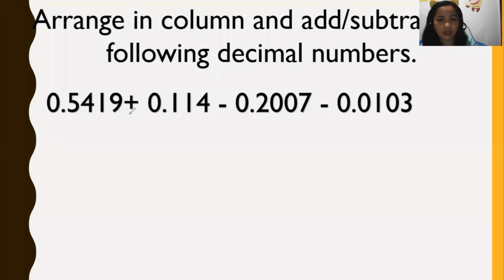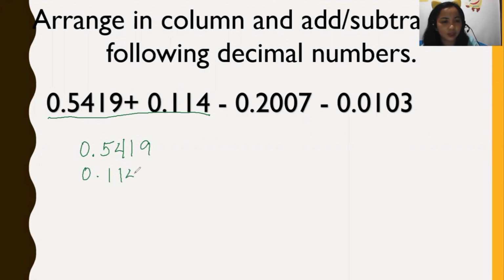Sabi nga, from left to right, sa PEMDAS, kapag nagsama ang addition and subtraction. We have 0.5419. Then we have 114 thousandths. Add muna natin. Lagyan natin ang placeholder. We have 9. Then we have 5. We have 5, 6. Align the decimal point.